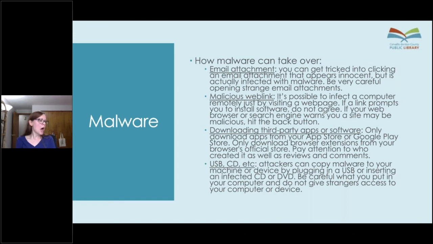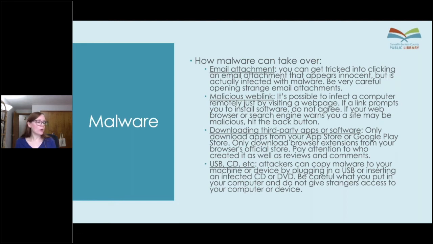I apologize. And this slide is how malware can take over, and there's a few different ways. As I mentioned earlier, an email attachment. Sometimes you might get a strange email, or maybe the email will be from someone completely familiar, but there'll be some kind of attachment, and once you download that attachment, it can install malware. Malicious web links.